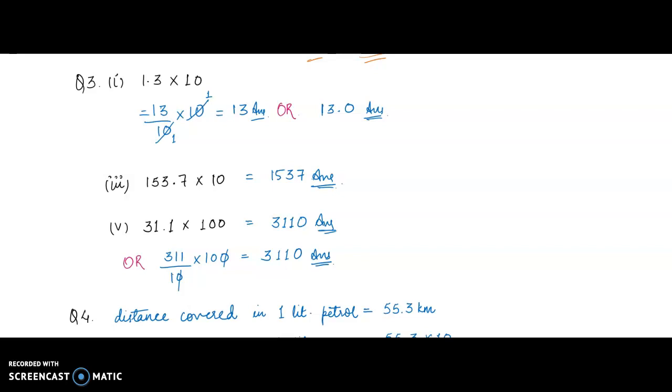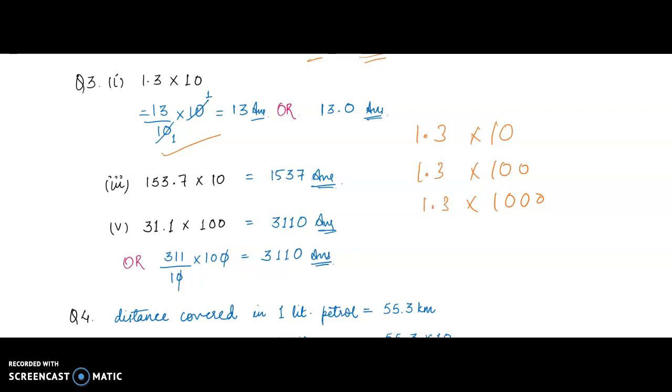So first part, 1.3 multiplied by 10: as done above, I can use that method, or say simply that whenever we multiply something by 10, by 100, by 1000, the decimal always shifts to the right.